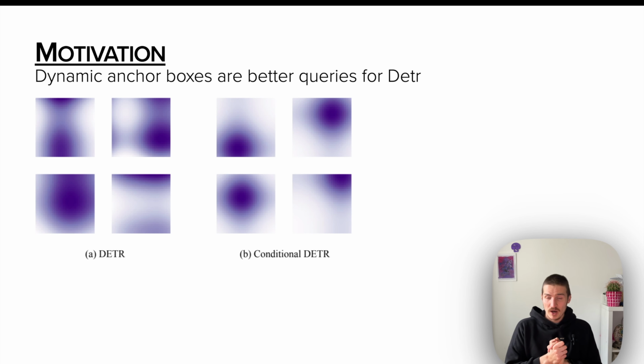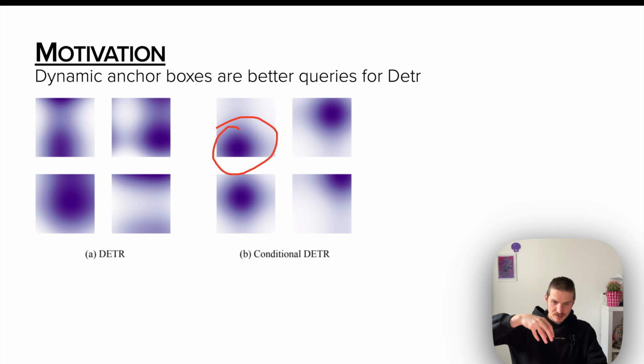There was one work called conditional Detr where the researchers tried to use something different for these object queries to make the attention work better by explicitly focusing on precisely one object in the picture.